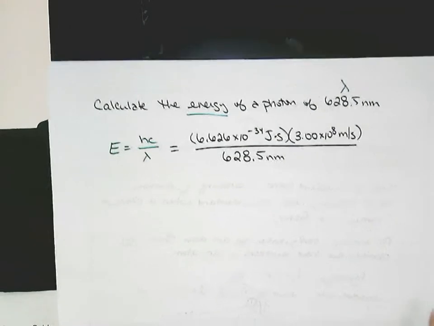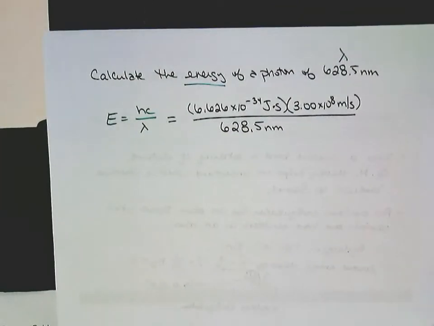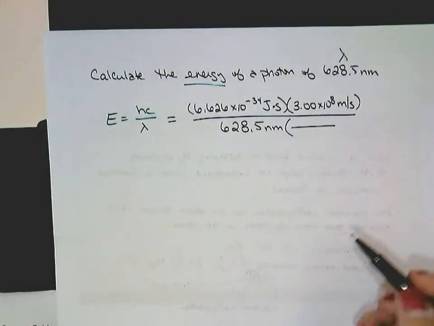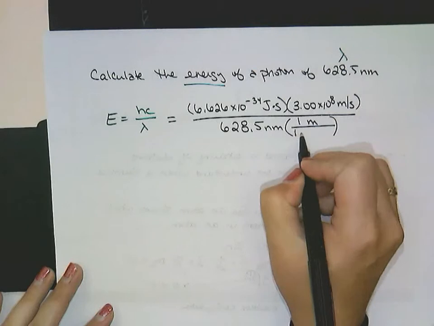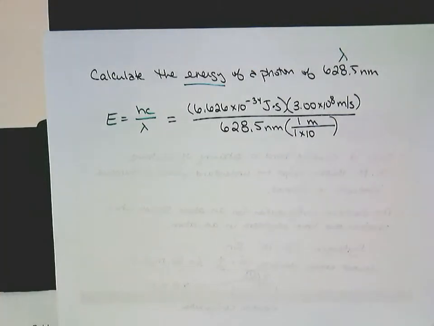All right, what do I still need to do in order to be able to finish solving this problem? Convert to meters, right? Because otherwise I have a unit error. Do I put meters on the top or on the bottom of this little fraction? Put it on the top. And then, is it positive ninth or negative ninth nanometers per meter?